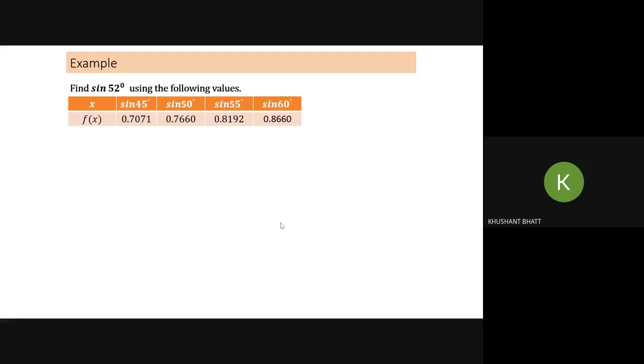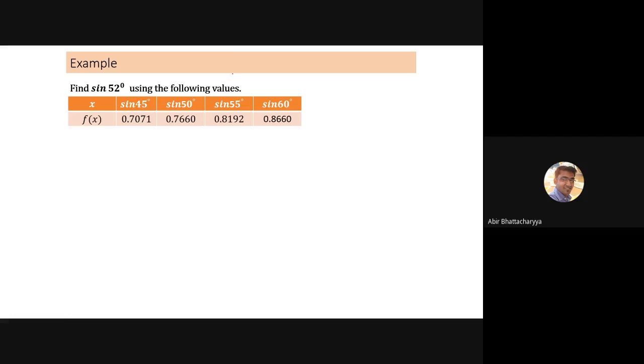Three. Correct, Hardik. We have to go up to the third order of forward difference, as I told you earlier. Now let's start solving. First of all, you have to find sine 52 degrees.